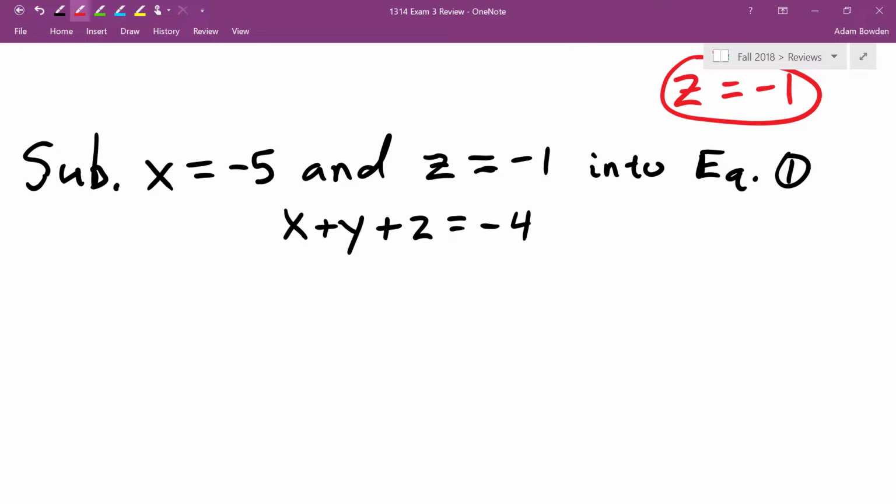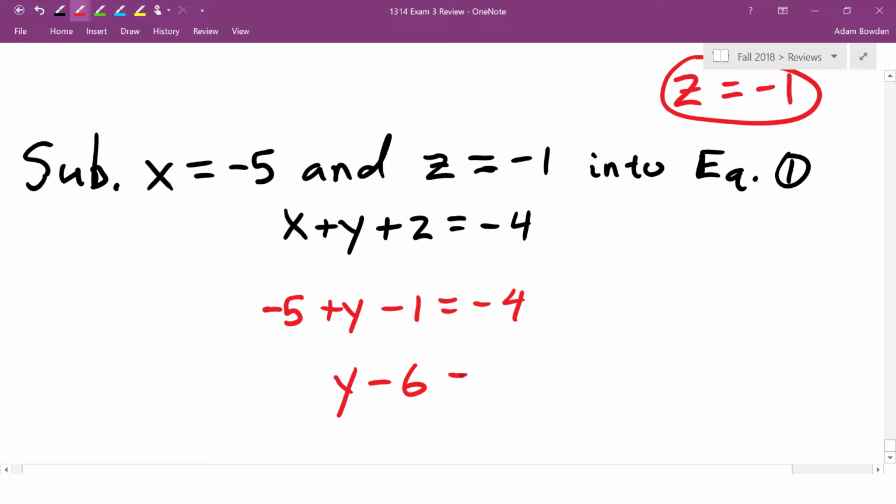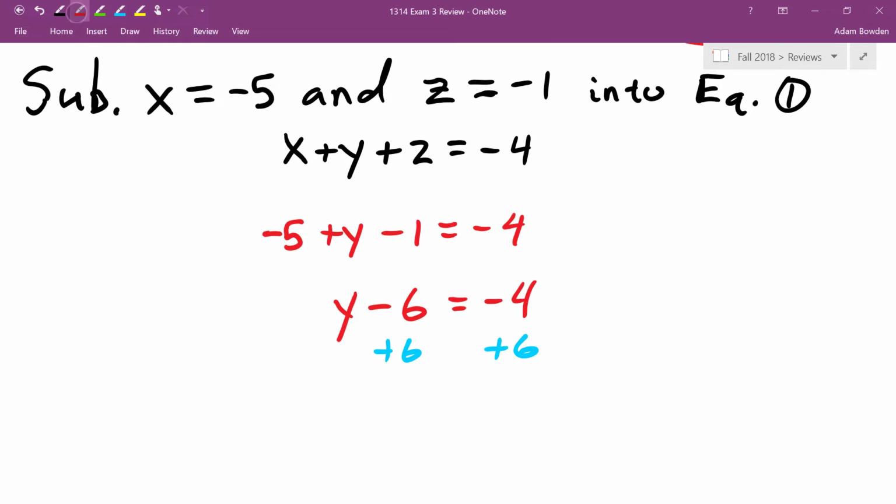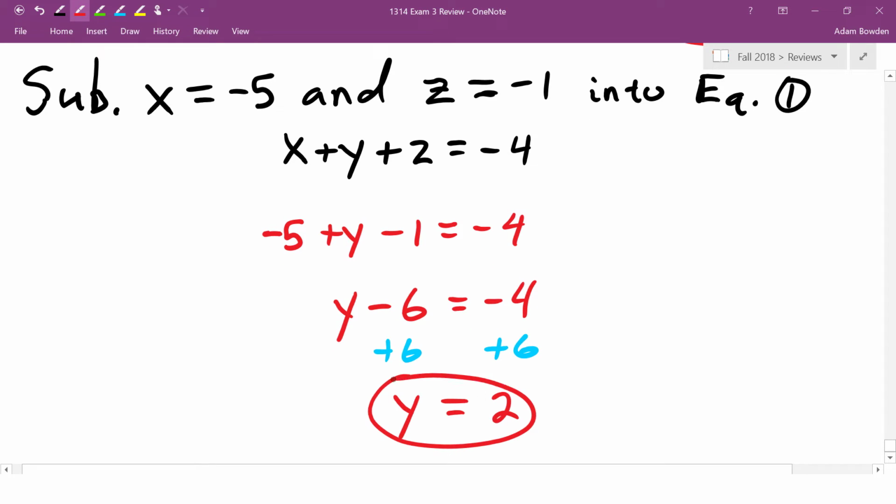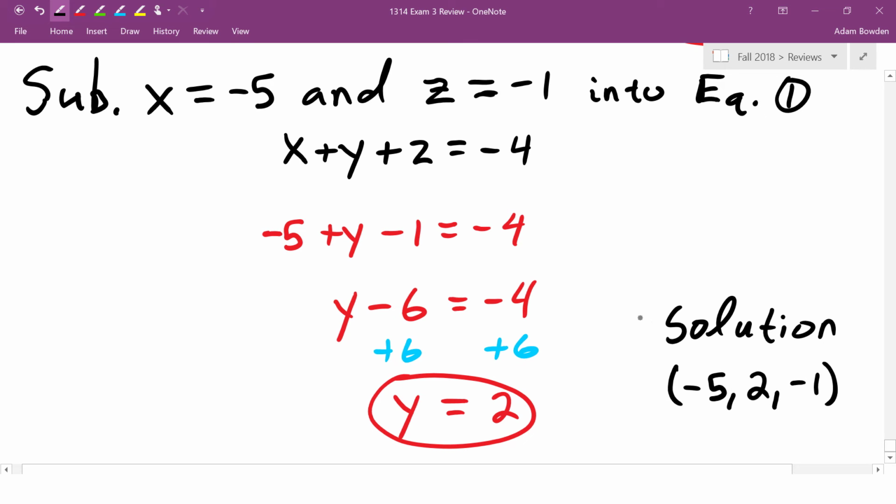If we plug in for x and z, we're going to get negative 5 plus y minus 1 equals negative 4. This would turn into, looks like y minus 6 equals negative 4. When we add the 6 over, we're going to get our solution for y equals 2. So now all together we have our solution for x, y, and z. It looks like negative 5, comma 2, comma negative 1.